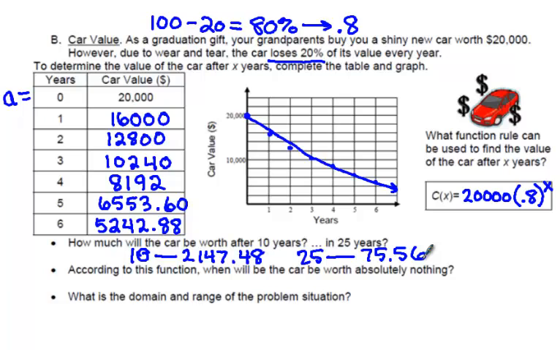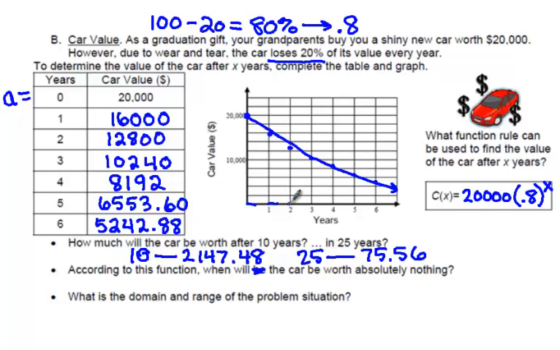Okay? According to this function, when will the car be worth absolutely nothing? Well, no matter what exponent you put in here, for example, if I were to put in 100, it still has a very small amount of value.